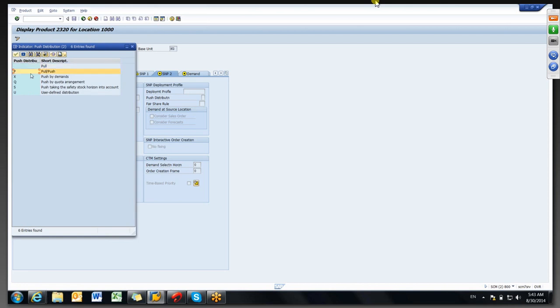If you maintain P, X, Q, S, it is push by demand, push by quota arrangement, push taking safety stock horizon into account. If you have any other logic, you can develop it with a BAdI and assign it. But mainly it will be used blank only. That is pull.